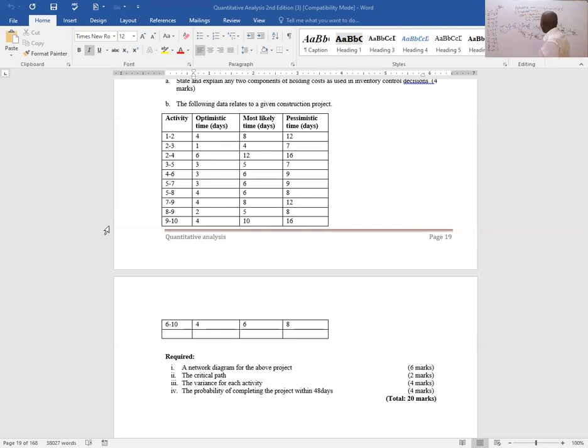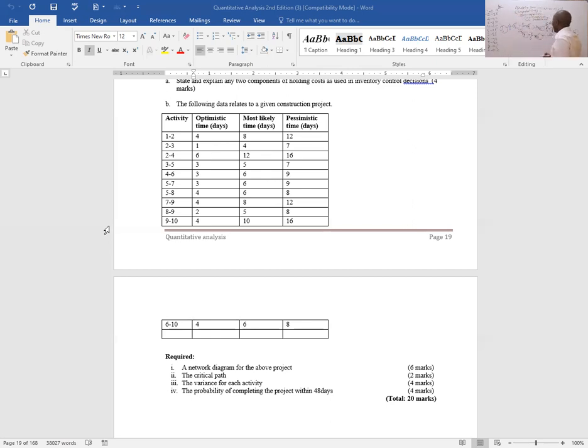From there, come and pick H. For H, the optimistic is 4, plus 4 times 8 plus 12, equals, divided by 6, which gives me 8. So H is 8. Go to I. Optimistic is 2 plus 4 times 5 plus 8, divided by 6, which gives me 5.